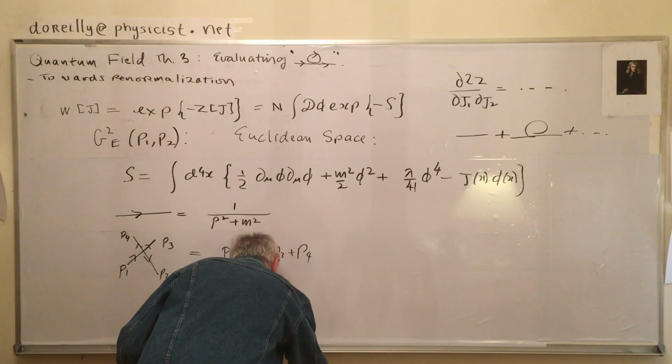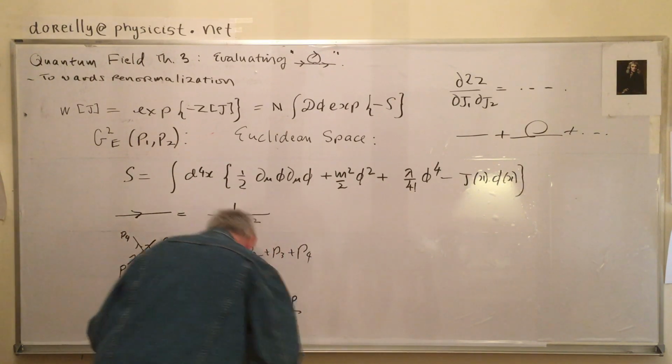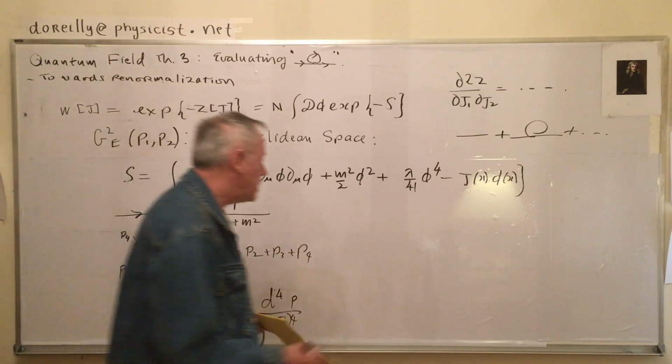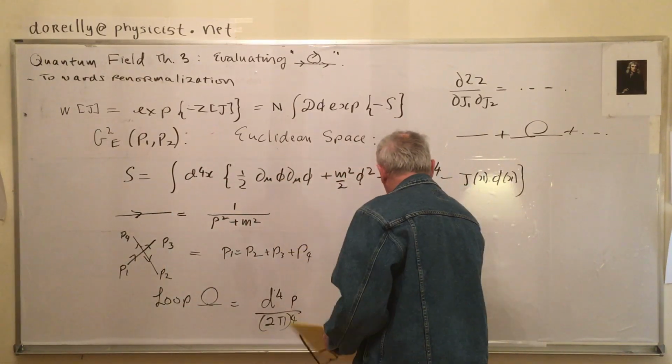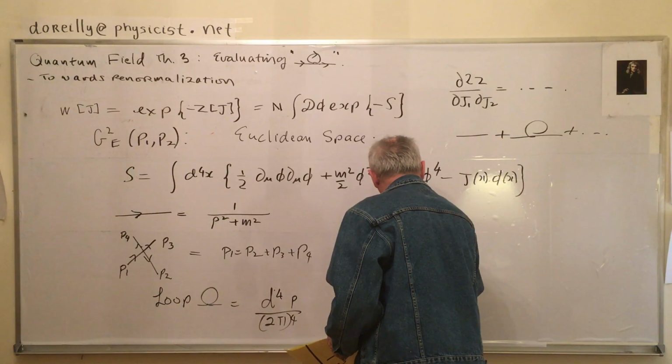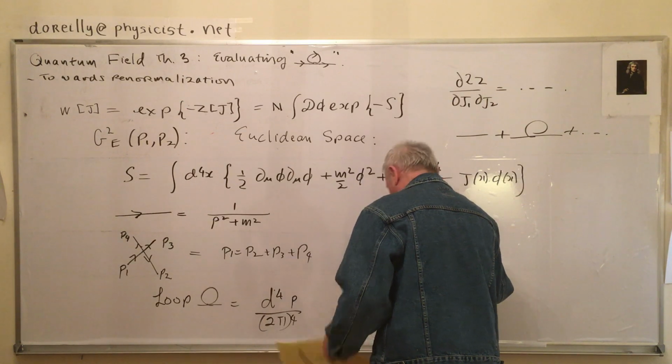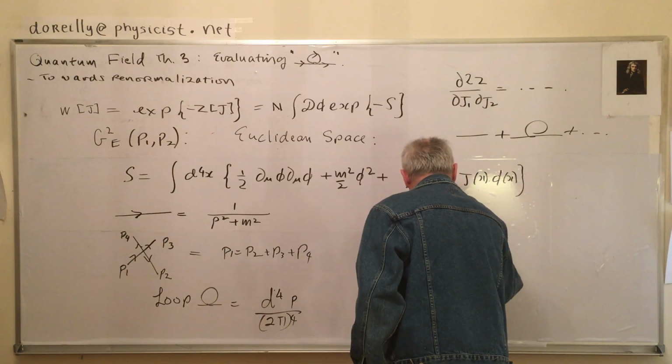There's a factor of 2 pi to the 4th in it. What else? And to get from one space to another, we have to find, of course, the Fourier transform. P1, P2.